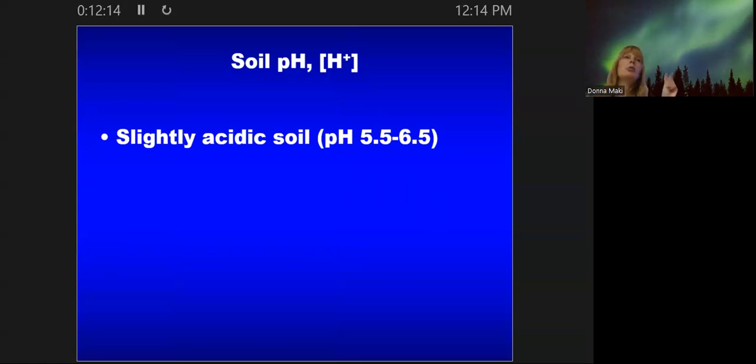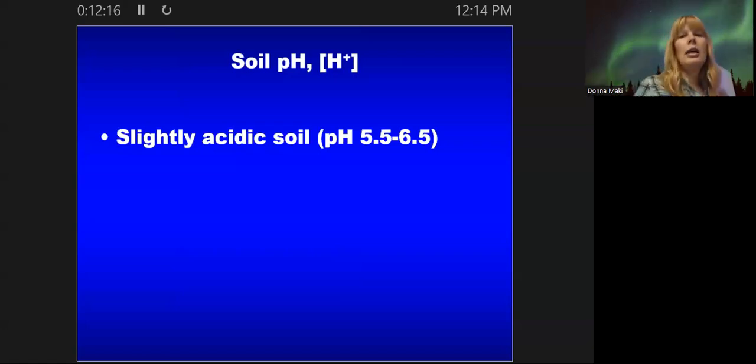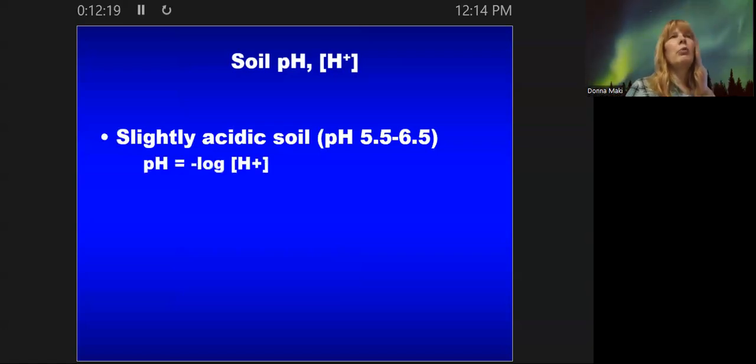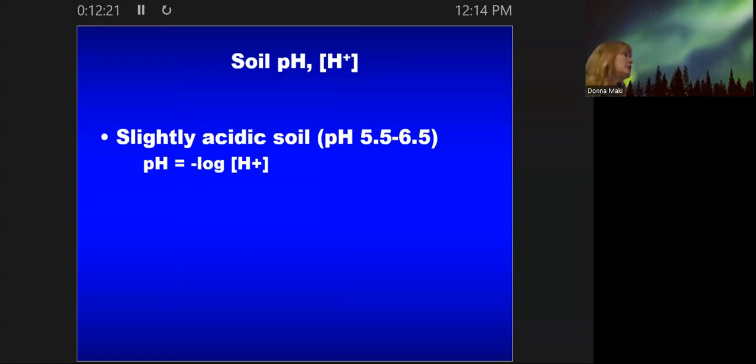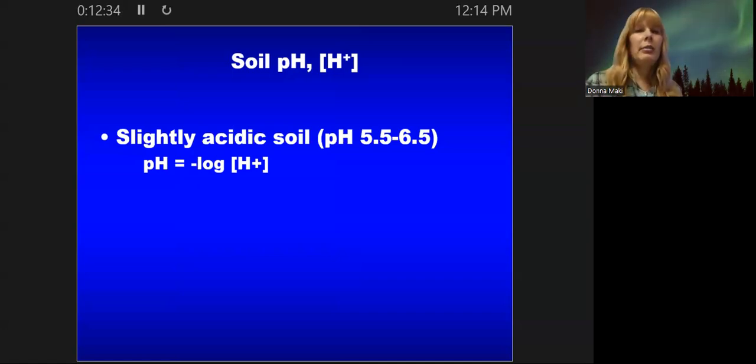I do need you to know those exact numbers, 5.5 to 6.5. That's the range. And just remember, when you calculate pH, it's the negative log of the proton concentration, or the hydrogen ion concentration. So we're looking at how much H plus is present. And the more that you have, the more acidic.